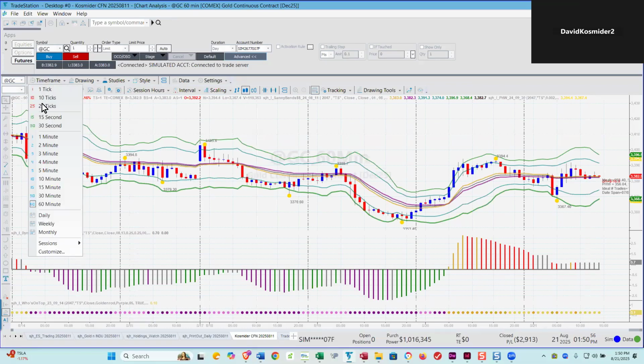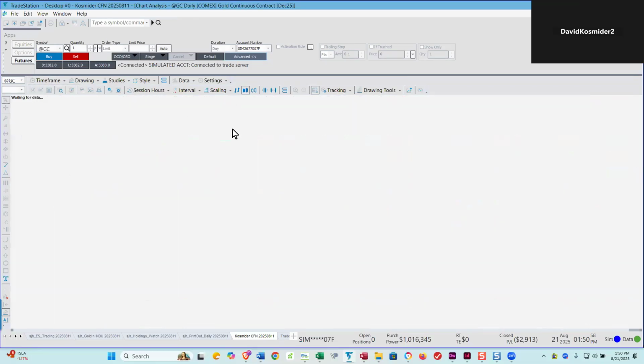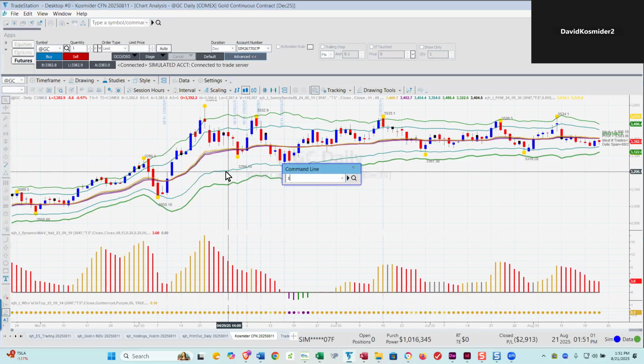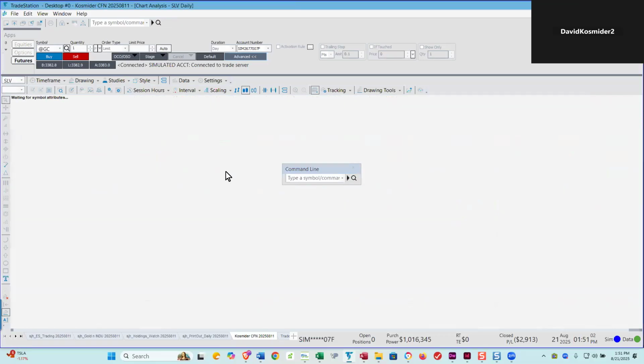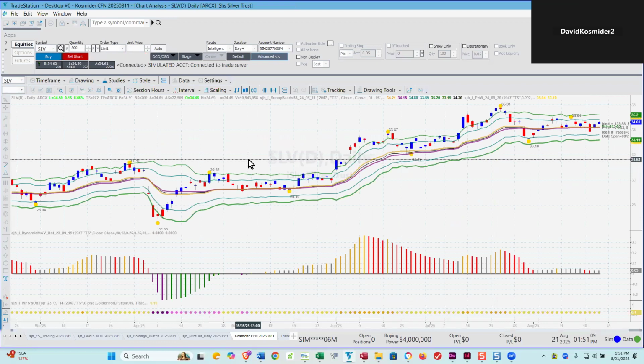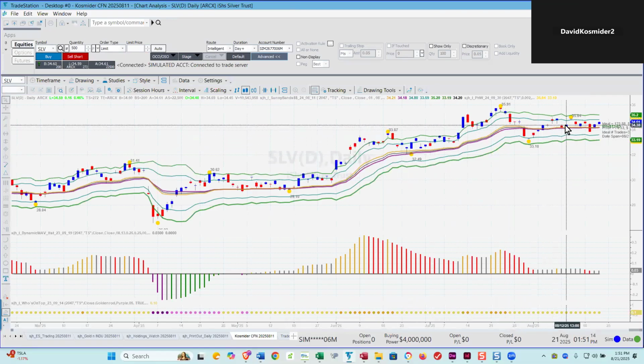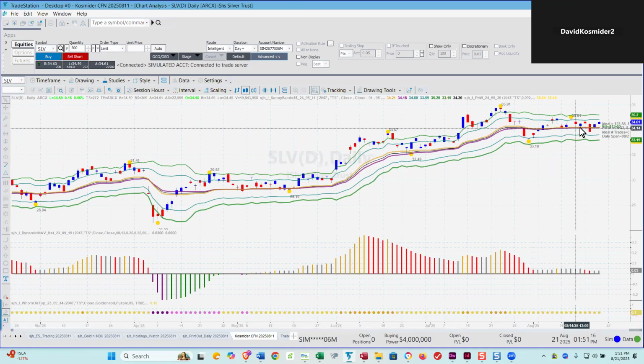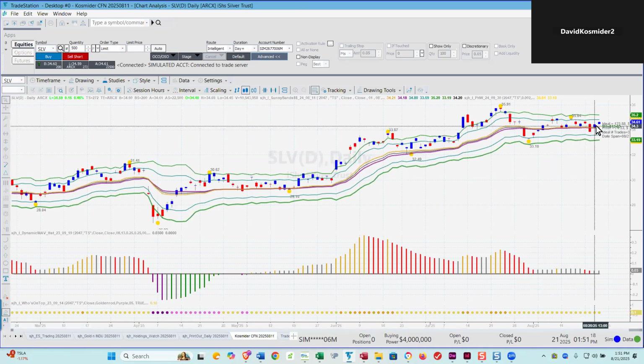Let's change back to daily. And SLV, you're talking about silver? And we've got congestion again with it bouncing up and down around the flat DMA.